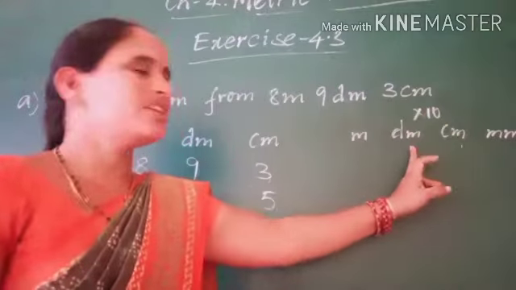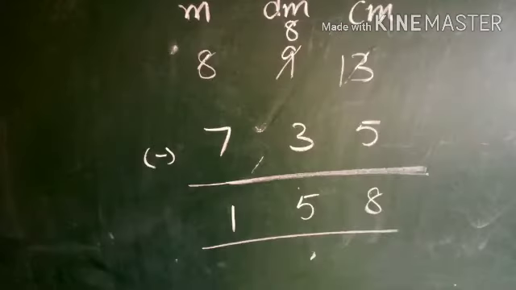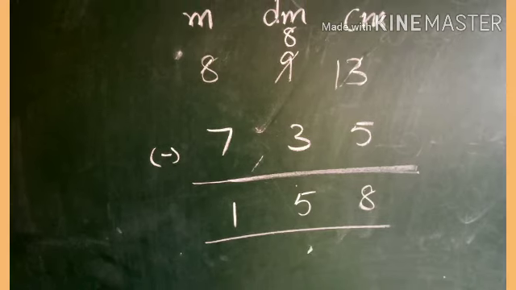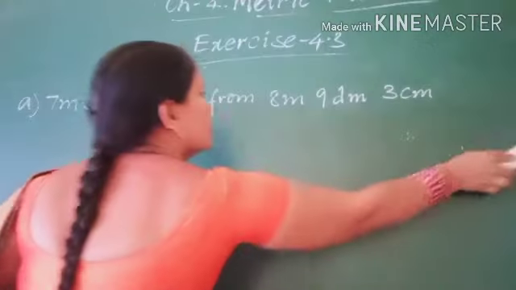So 10 centimeters is 1 decimeter. We are converting to 13 centimeters. 13 minus 5, 8. Now 8 minus 3, 5, and 8 minus 7, 1.